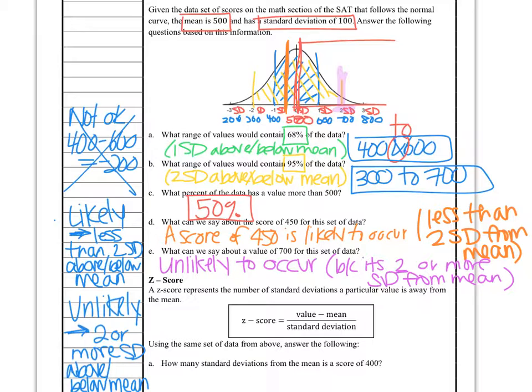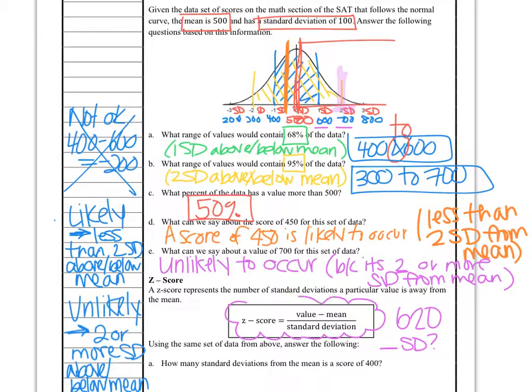Now it's well and dandy to be able to find how many standard deviations away each of these nice numbers are, like 700 or 600, 1 standard deviation above, 2 standard deviations above. But what if we have a number like 620 and I want to know how many standard deviations above or below the mean, right? Well, what we have is a formula called a z-score.